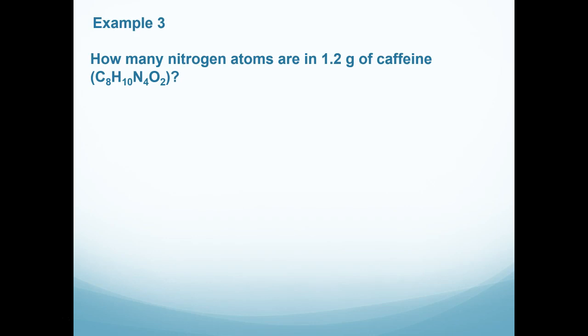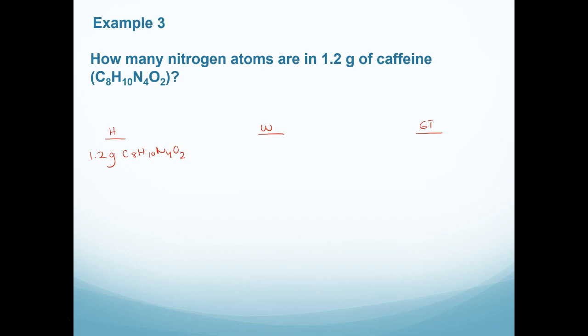Next example. So how many nitrogen atoms are in 1.2 grams of caffeine? So same thing, let's set up our have, our want, and then how I'm going to get there. I start with 1.2 grams of C8H10N4O2.